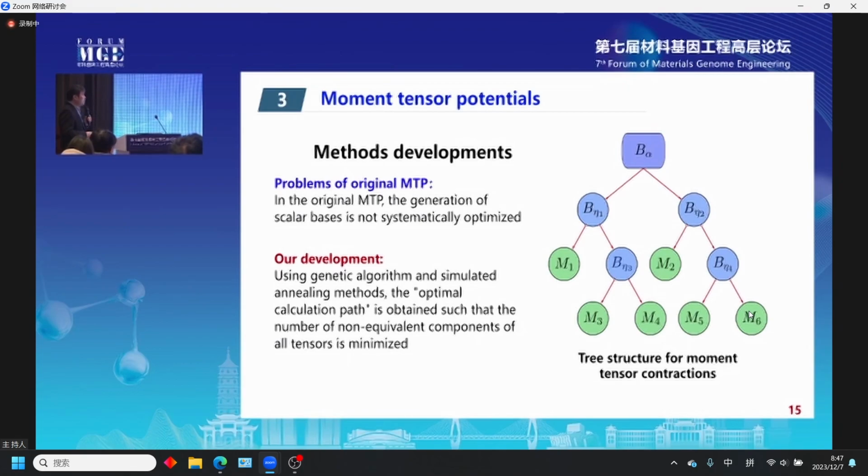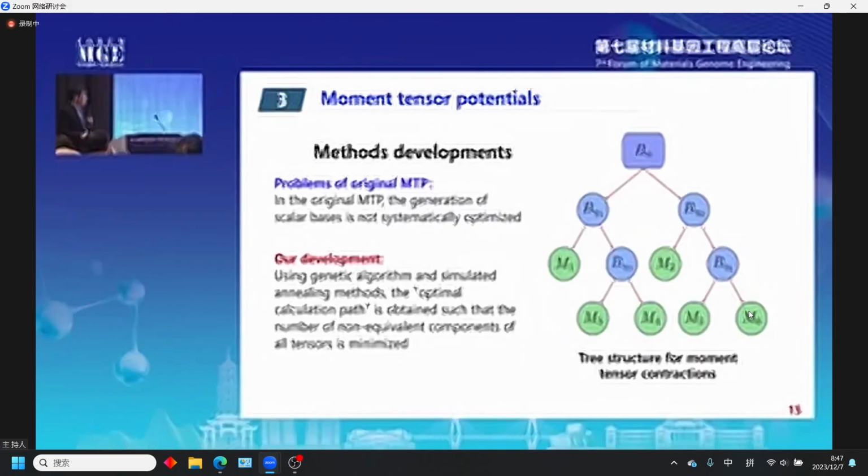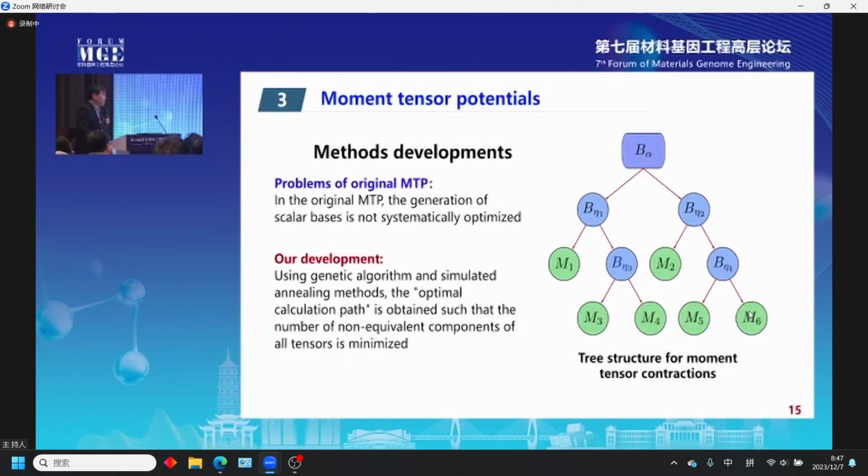During our work, we also tried to use genetic algorithm and simulated annealing methods. With these, an optimal calculation path is obtained such that the number of equivalent components of all tensors is minimized, as shown in this tree structure.